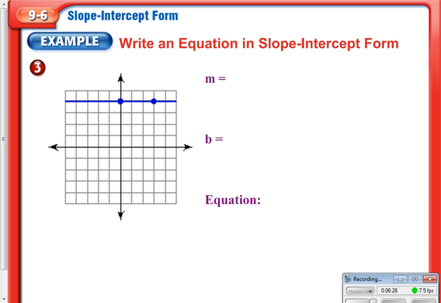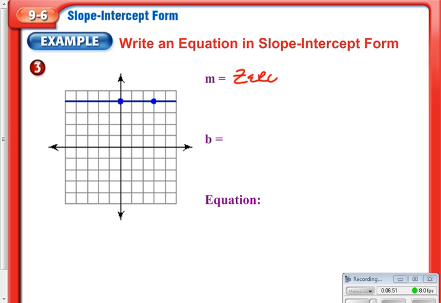Home stretch here. The last 2 problems are a little bit more difficult. These are the easy ones right away, but these are the ones that are easy to forget. Now, if we look back at the front page, what type of slope is this line? Well, this line is horizontal. A horizontal line, if you look at the front, has a 0 slope.